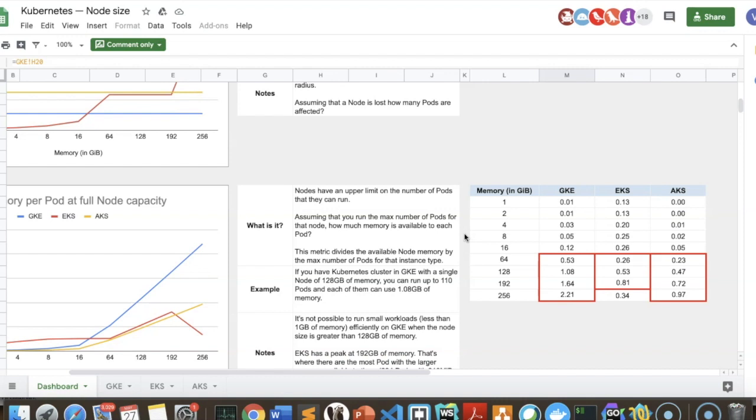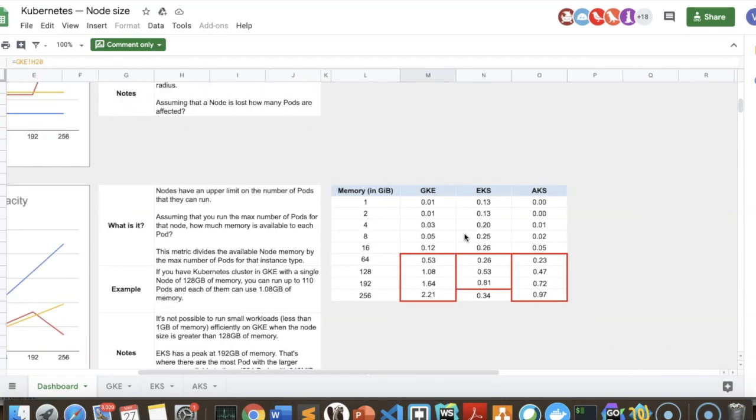It starts at 64 gig for all three of them, and the interesting part is in GKE, you can actually see 1.08 at 128 gig of memory, and in EKS you can see 0.53, and then it slowly goes up. So the utilization there is quite considerable compared to EKS and AKS.